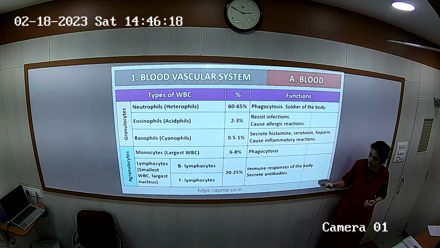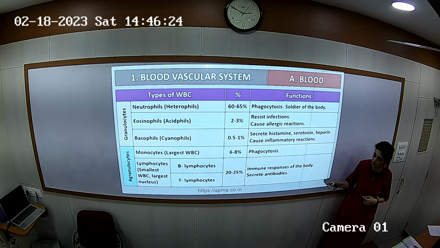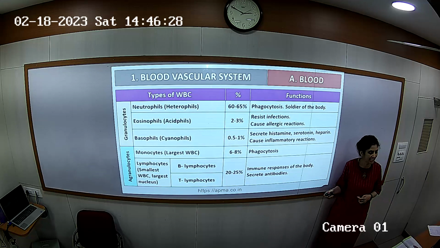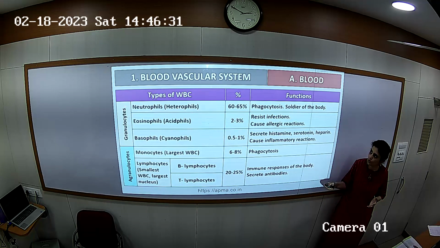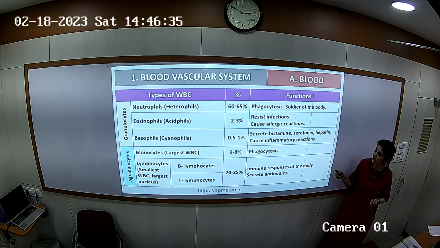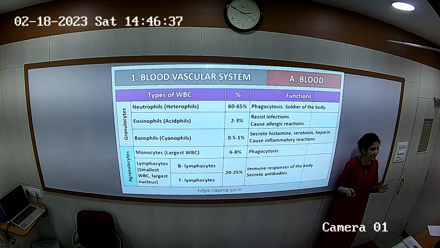There are 5 types, 3 granulocytes and 2 agranulocytes. So neutrophils, eosinophils, basophils, these words are not given in the textbook. Do not remember them. They are based on the staining characteristics. Okay. Neutrophils are 60 to 65%. Function is phagocytosis. What is phagocytosis? It is engulfing of, say, dead bacteria, some broken cell membrane, some element of the cell which is non-functional.